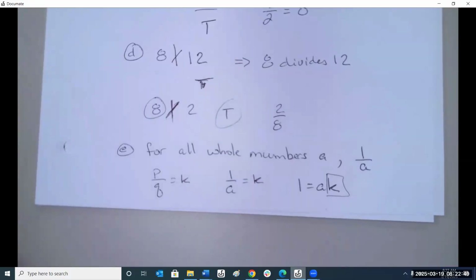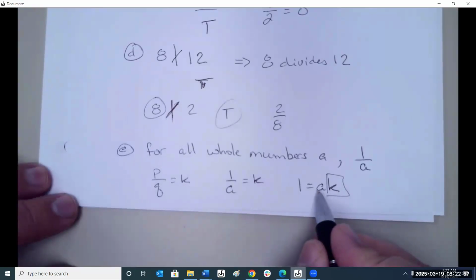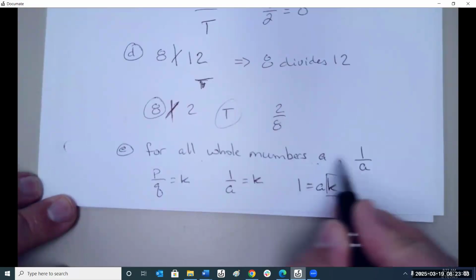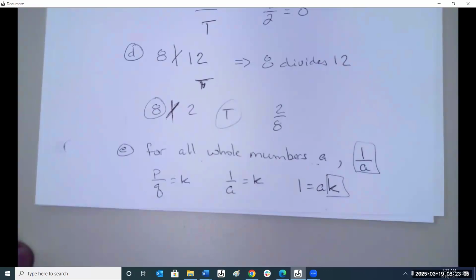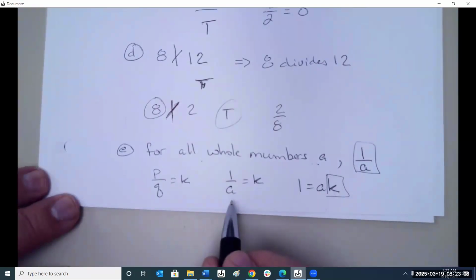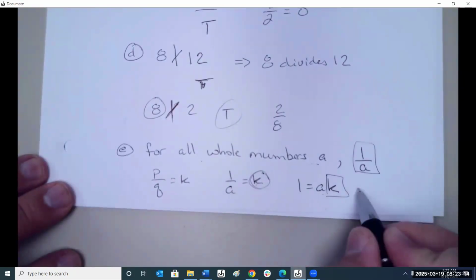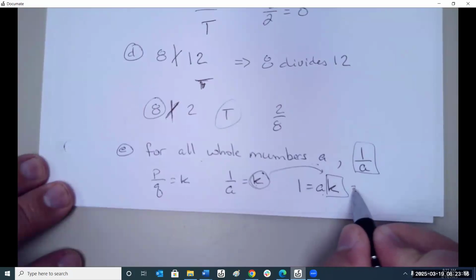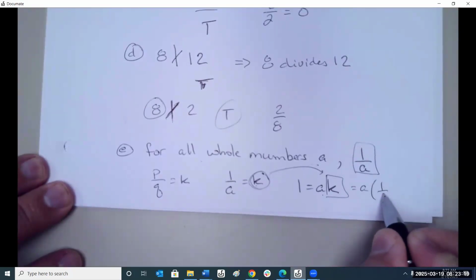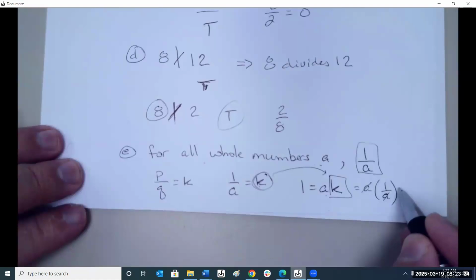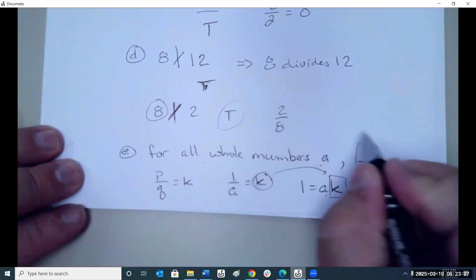What if A was 5? Very good. So for any whole number A, I have 1 over A. Is there a constant K equal to 1 over A? What does that equal? The A's cancel. So true.